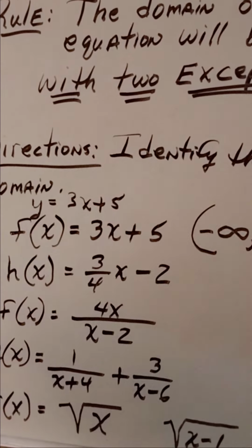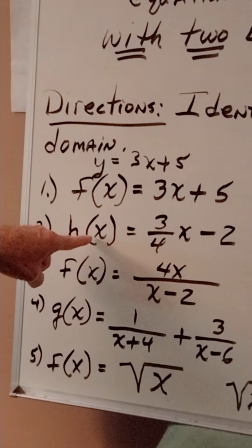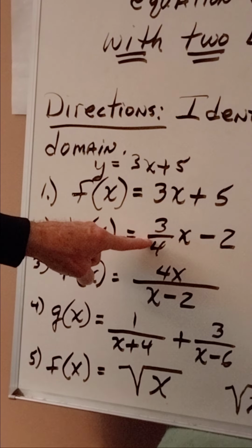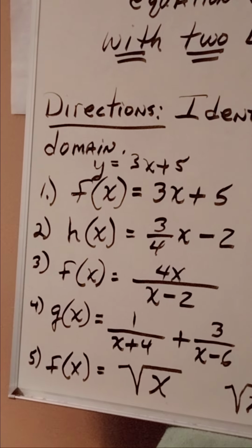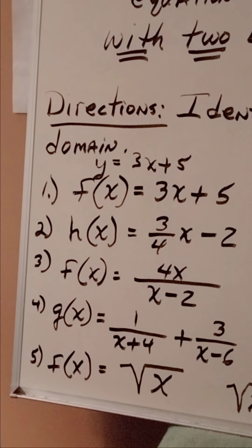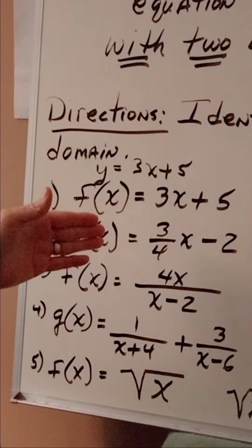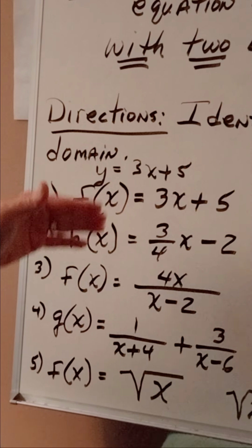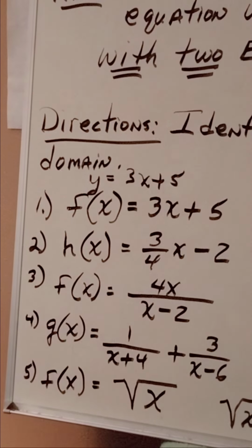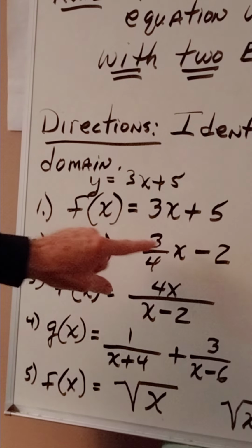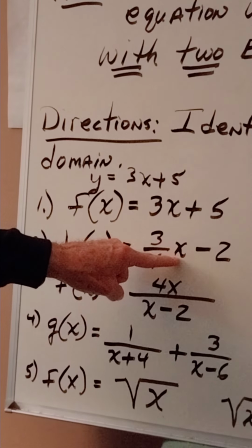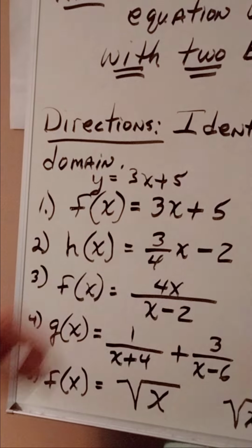Number 2. Likewise, h of x is equal to 3/4 x minus 2. Now true, we are seeing a fraction there on number 2, but there is no domain positioned in the denominator position of that fraction. That domain of x is actually in a numerator.